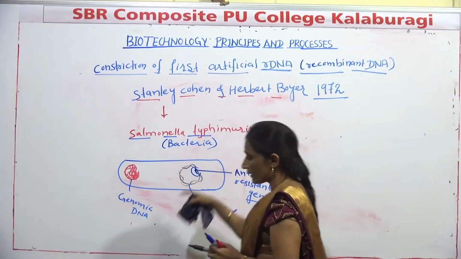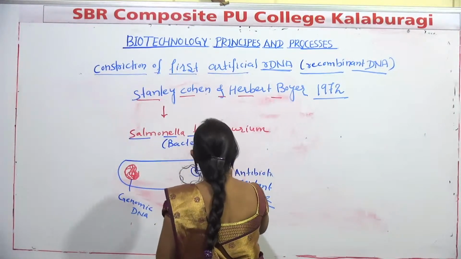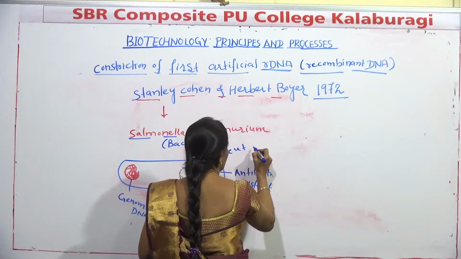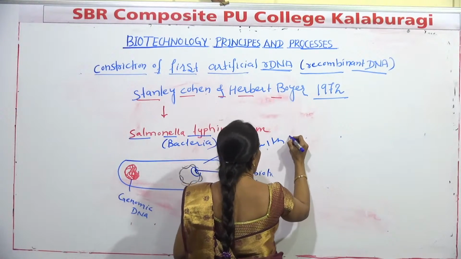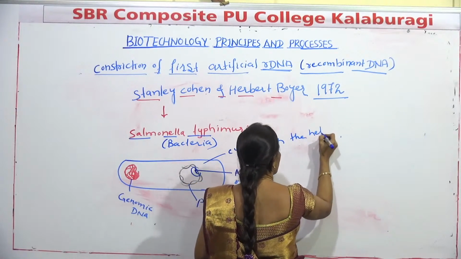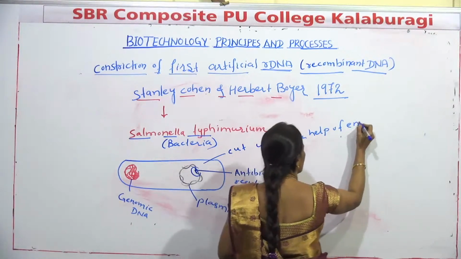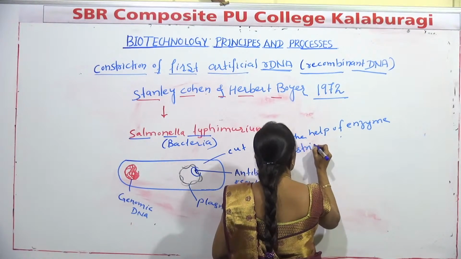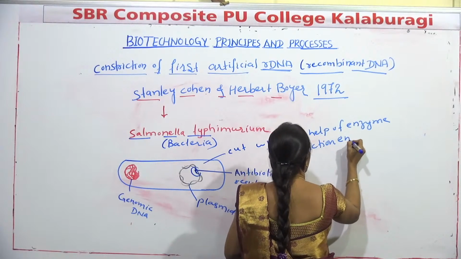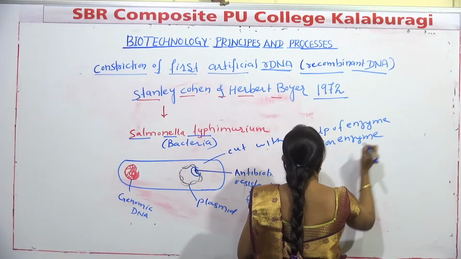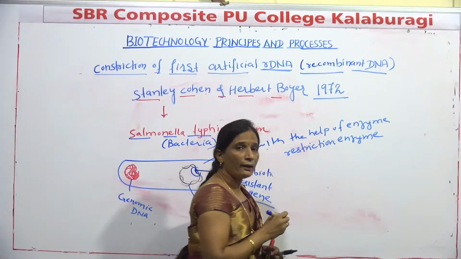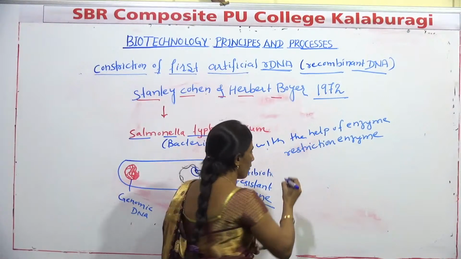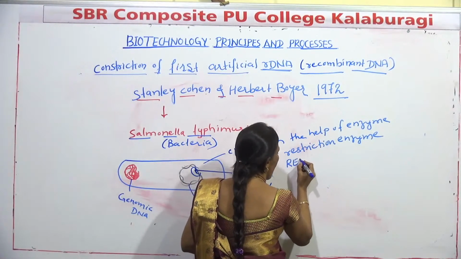This antibiotic resistant gene is going to be cut with the help of an enzyme, the restriction enzyme, or we can say restriction endonuclease. In short form we call it REN.